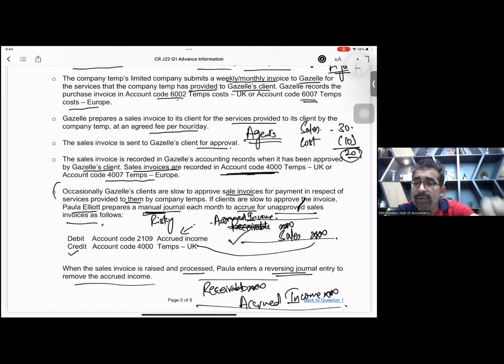If these people forget to reverse the accrued income, and the second time when they send the official invoice they treat it as the first time, there is a risk of double booking of revenue. So don't forget this point. The examiner can play with this point.